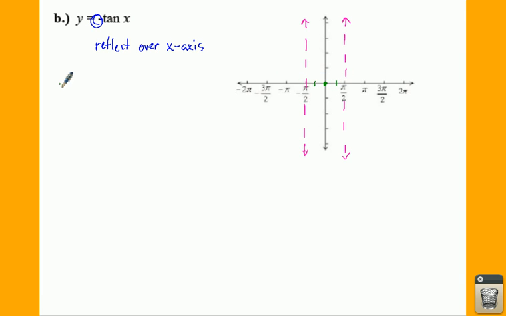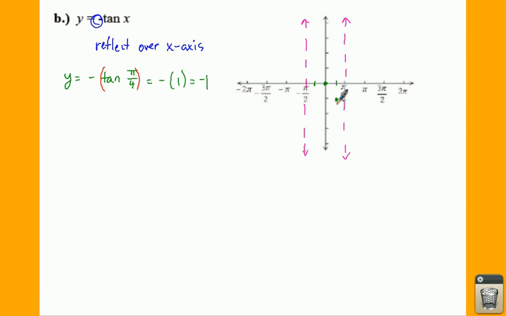So let's find y equals the negative tangent of pi over 4. And from the previous problem, we know the tangent of pi over 4 is just 1. So that's going to be equal to a negative 1. So at pi over 4, we're going to go down 1. So over to the right, pi over 4, down 1.